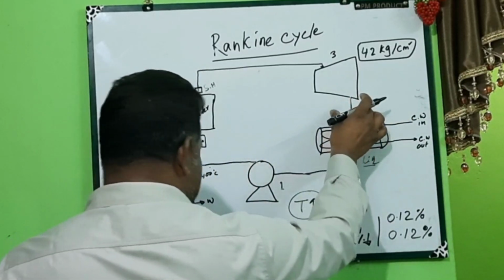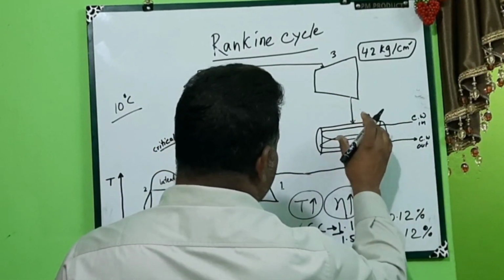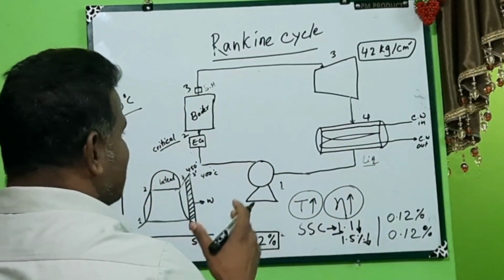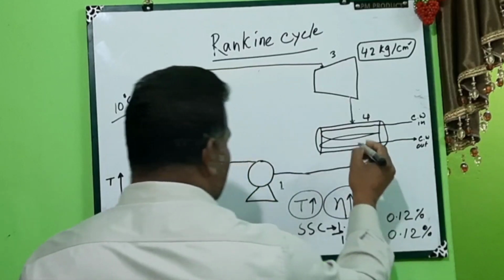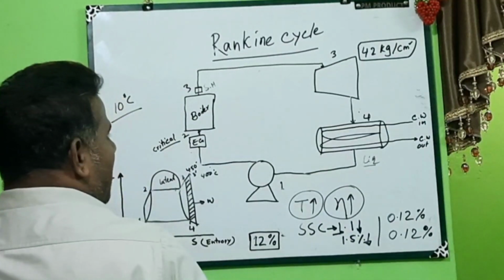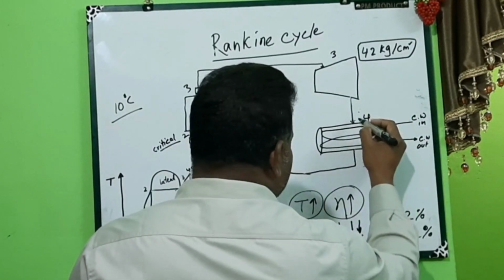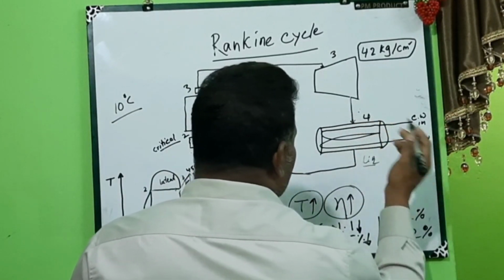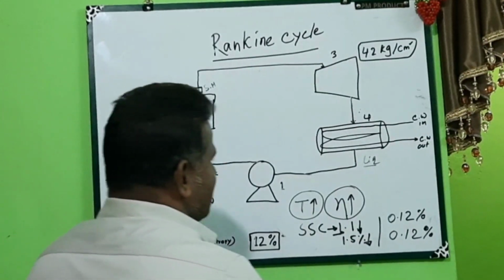So after increasing this temperature, when it changes phase, more cooling water is required. That means this condenser efficiency will be down. If this side has more heated vapor, and you want to convert it to liquid, more cooling water is required for changing the phase.